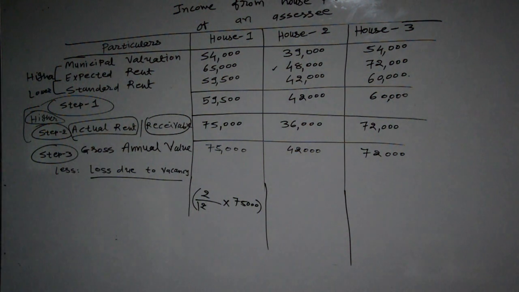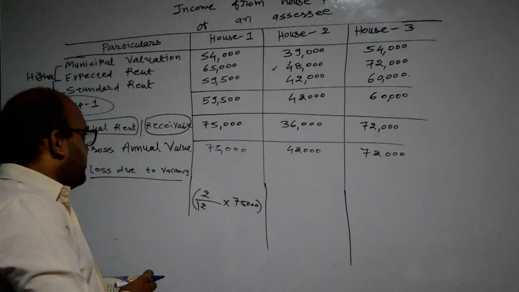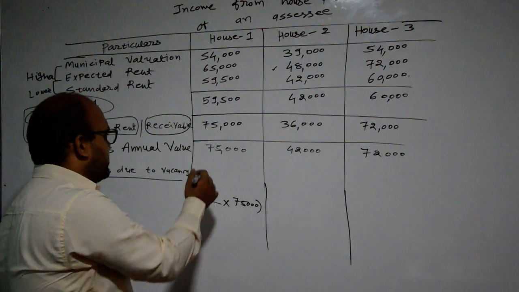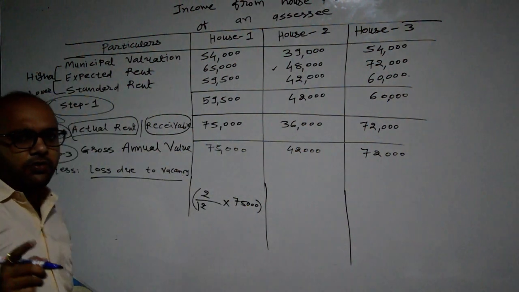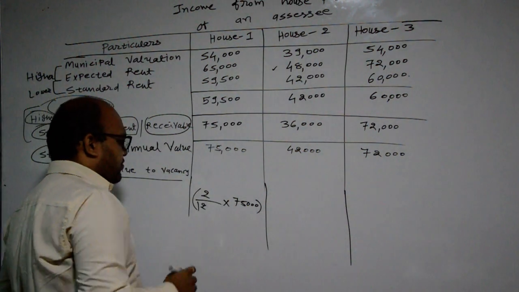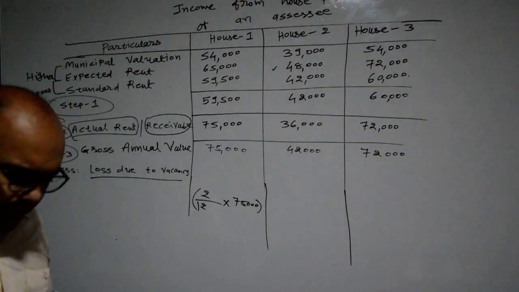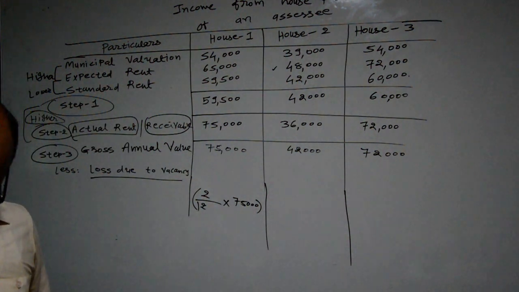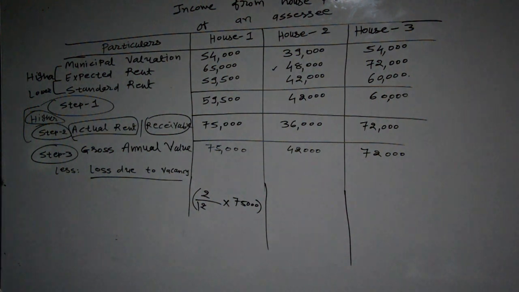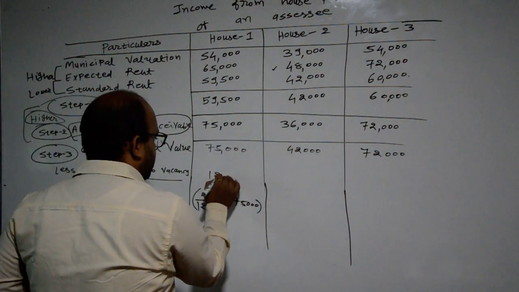Actual rent received or receivable is 75,000 rupees, and it will be deducted from gross annual value. So 75,000 multiplied by 2 divided by 12, that is 12,500 rupees.